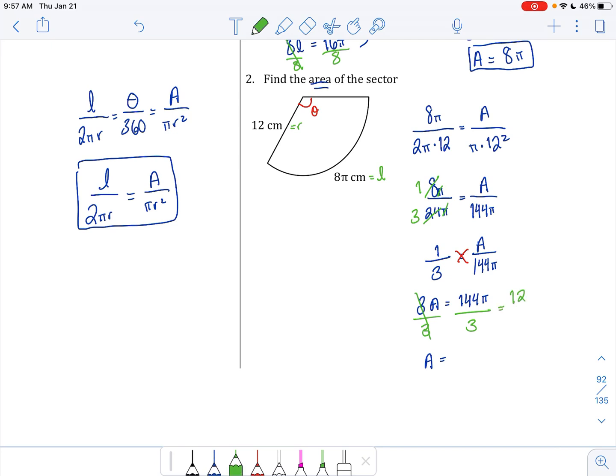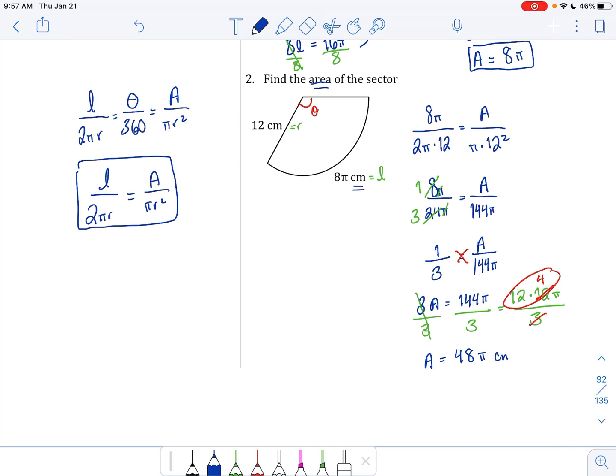If I didn't have a calculator, I would say, well, I know this is 12 times 12 pi over 3. And I can simplify one of those 12s by 3, which cancels out to 4. So this just becomes 12 times 4, which I can do easily from my times tables. And that's how I get 48 with pi tacked on.